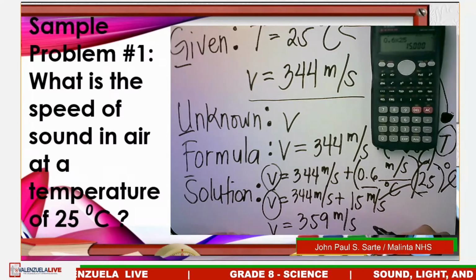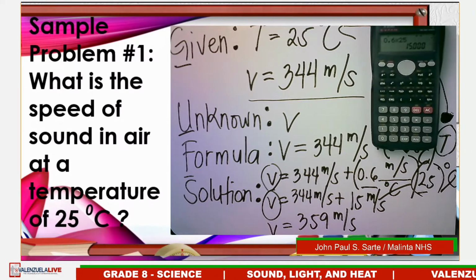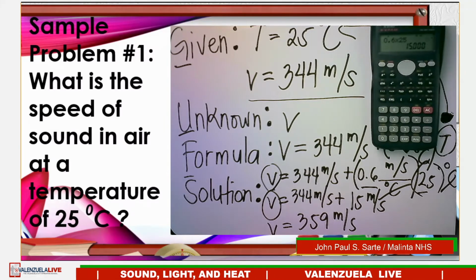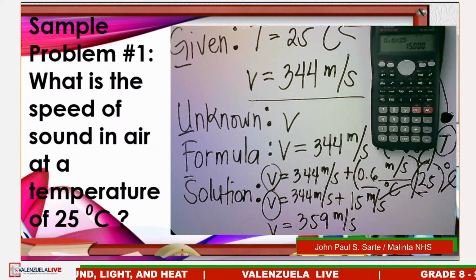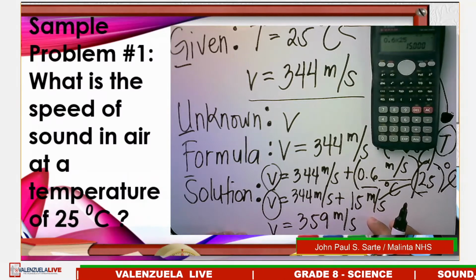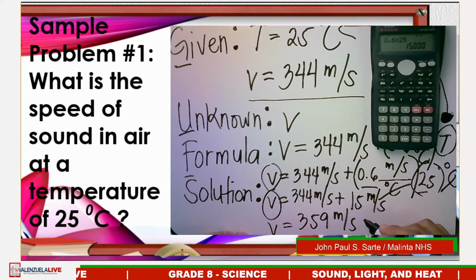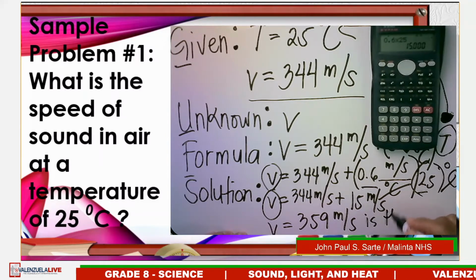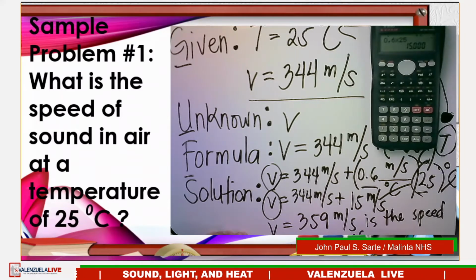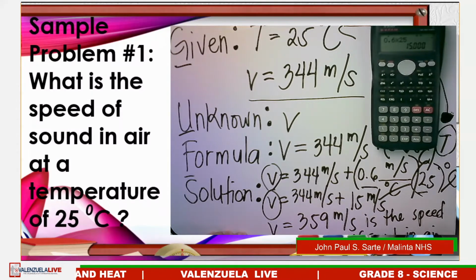meters per second. Okay. Let us go back now to our question. What is the speed of sound in air at a temperature of 25 degrees Celsius? So, here, we need to put the statement. Speed of sound is equal to 359 meters per second is the speed of sound in air.